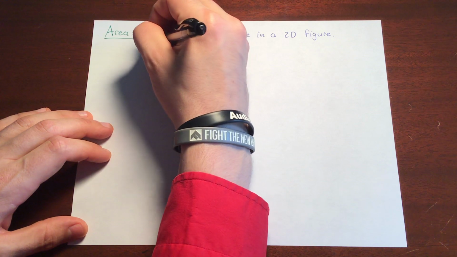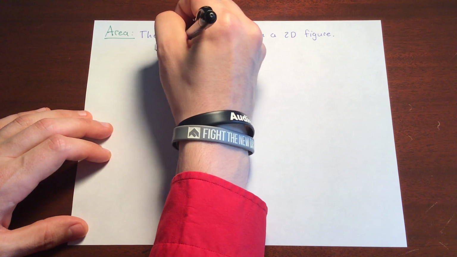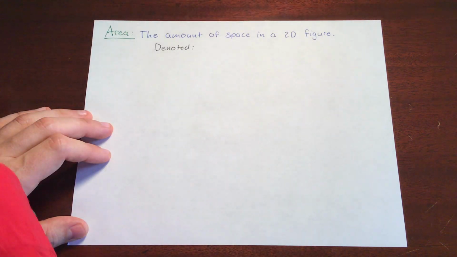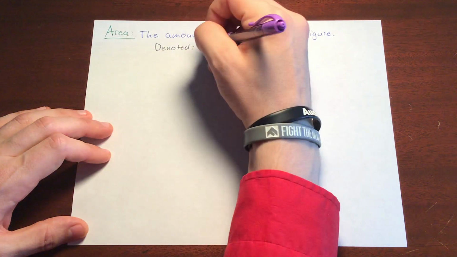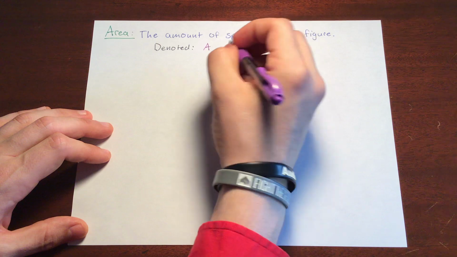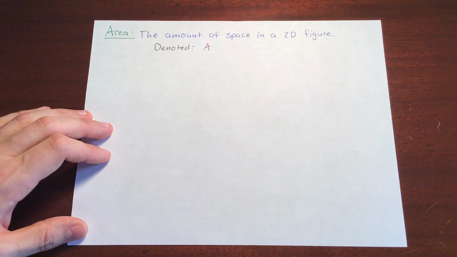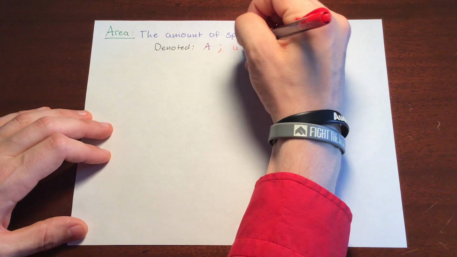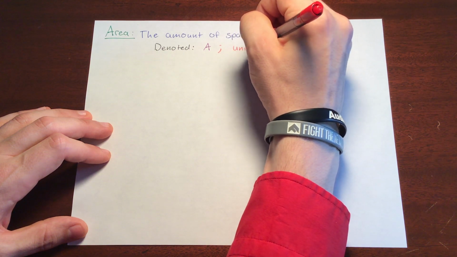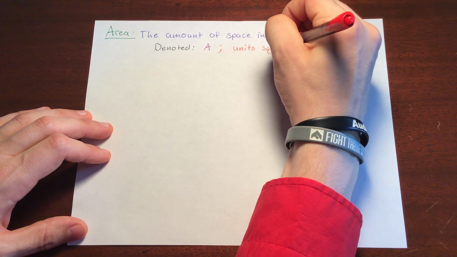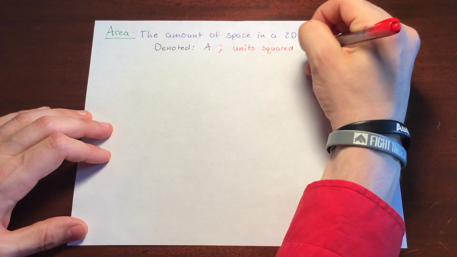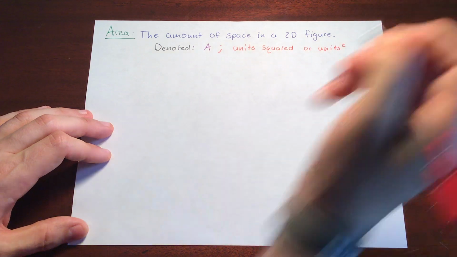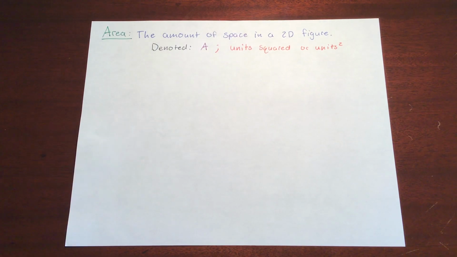Area is denoted by a capital A, and when we talk about area, we're going to be talking about units squared.